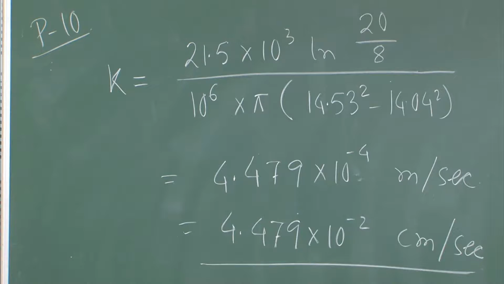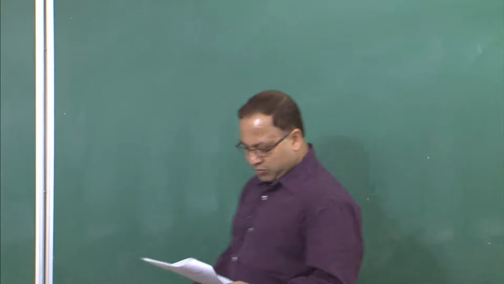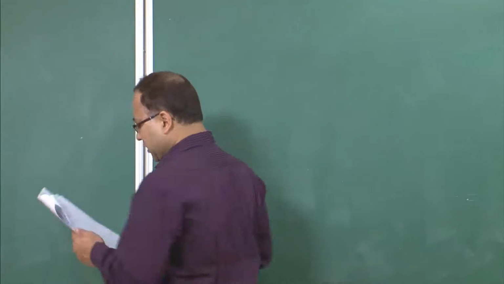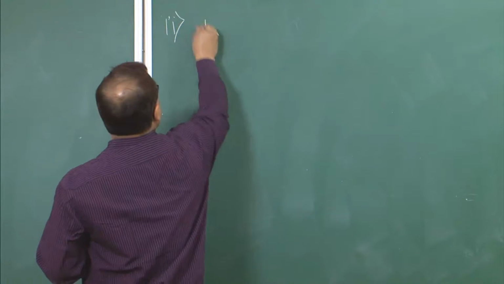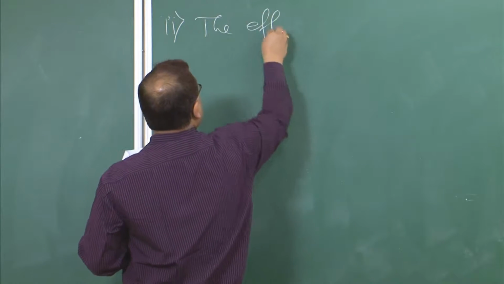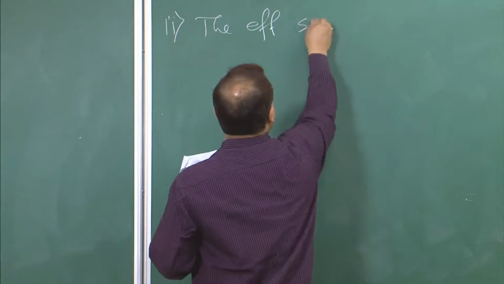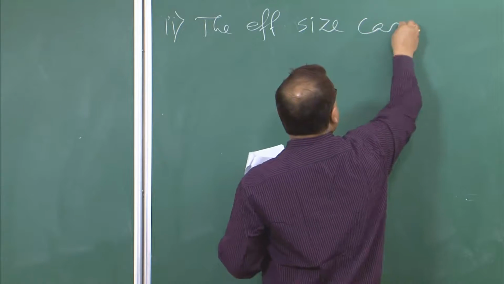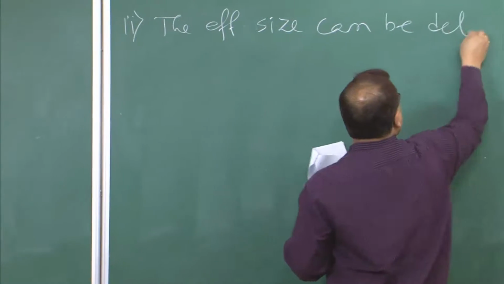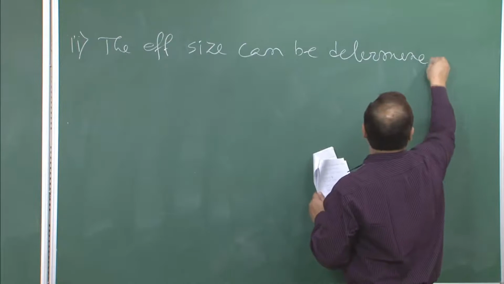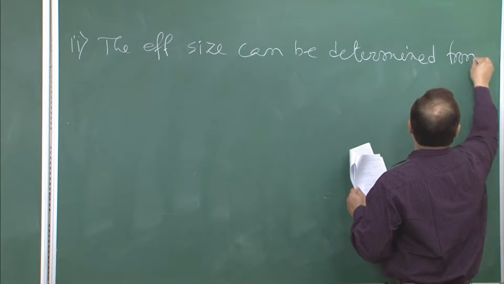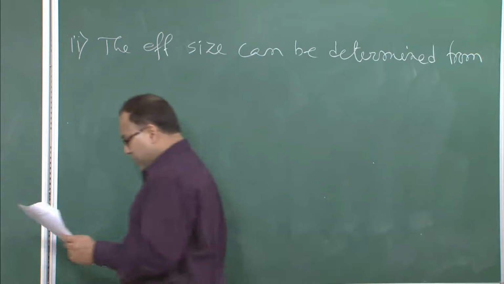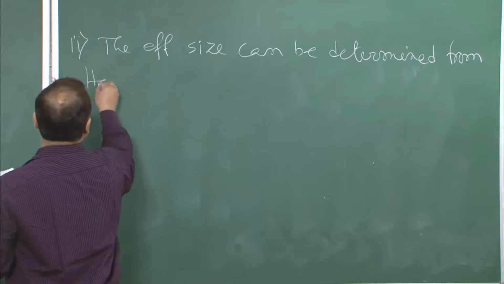Now, going to the second part, you need to find out the effective size. In the second part of the problem, the effective size can be determined from some empirical relation, whatever we have covered, that is Hazen's formula.